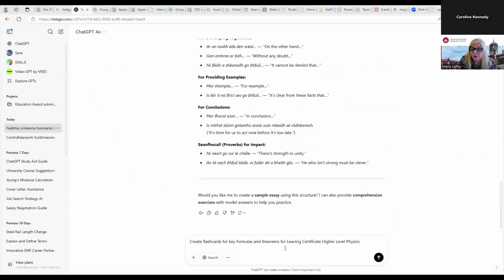I'm going to use the one creating flashcards for key formulas and theorems for Leaving Cert higher level physics.